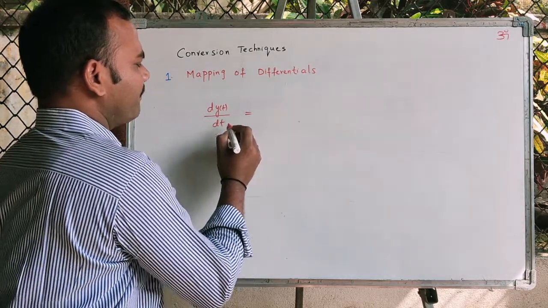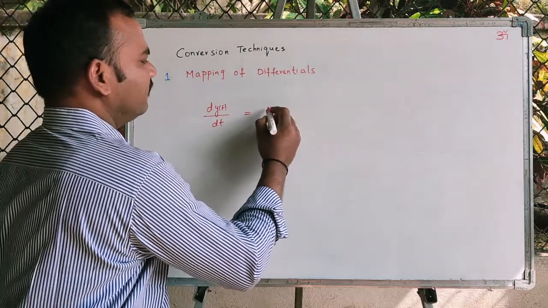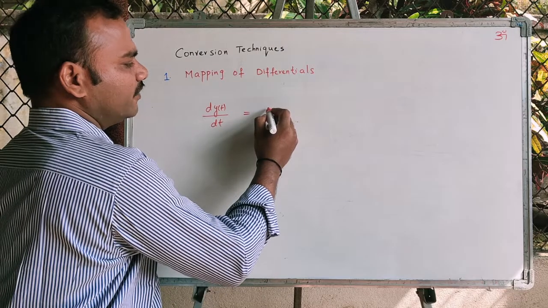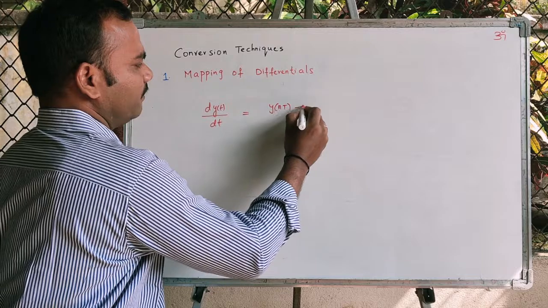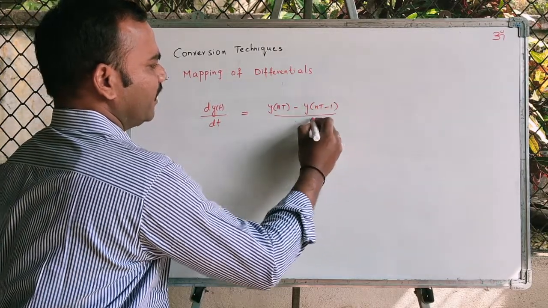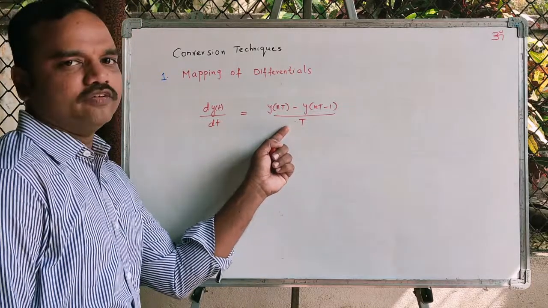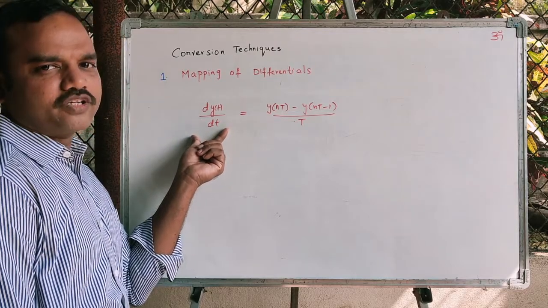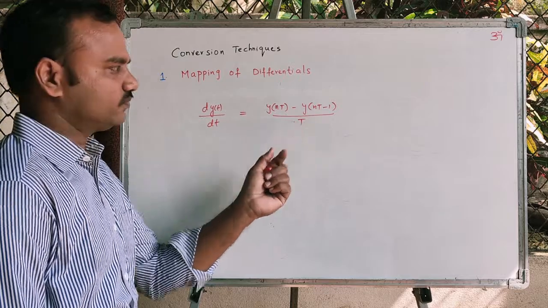If we sample y(t) at t equal to nT, then we can approximate this differentiation with the difference equation (y(nT) minus y(nT minus T)) by T. This is the backward difference equation. Now, this is the S-plane differential equation approximated to a difference equation.